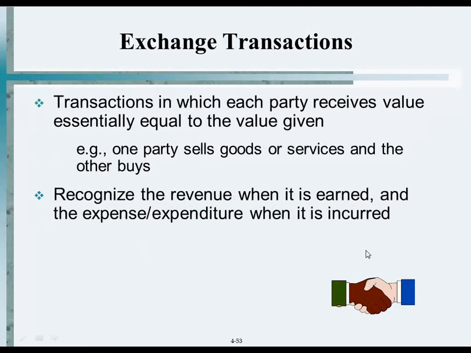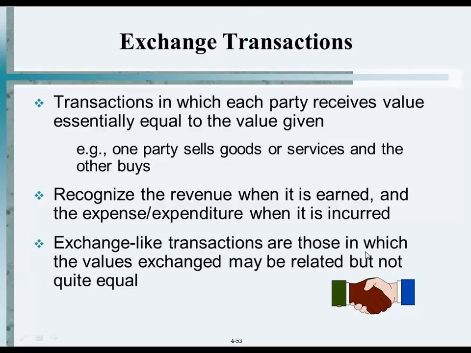And I talked to you about exchange transactions. Why do we worry about exchange and non-exchange and all these transactions? Remember, one of the critical things in accounting, and this is why people get in trouble, is when to recognize revenues and expenses. What do companies like to do? CFOs, if it was up to them, they would push up the revenues, right?